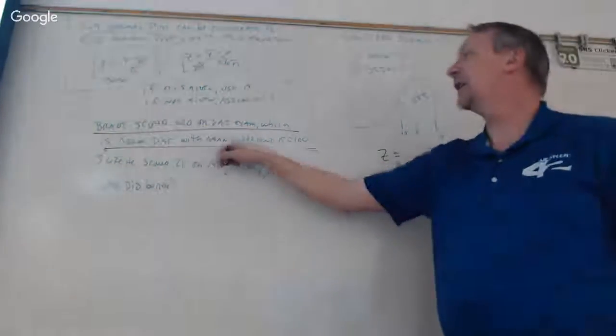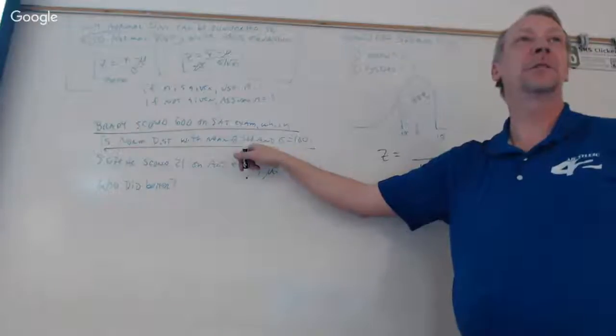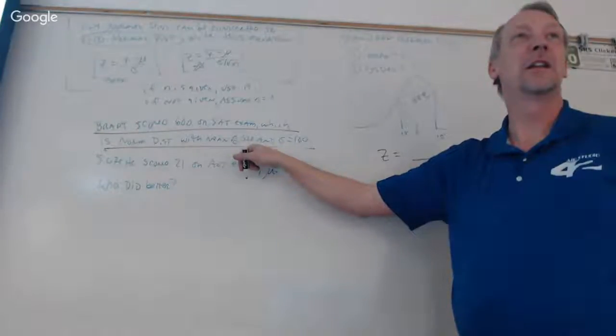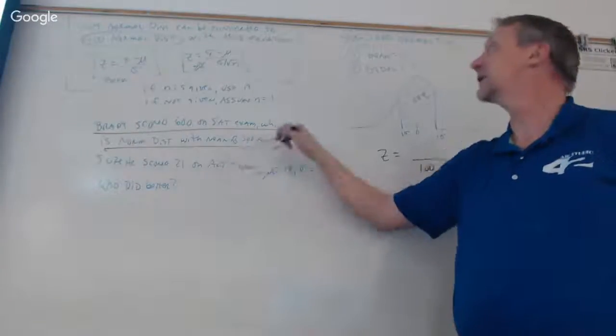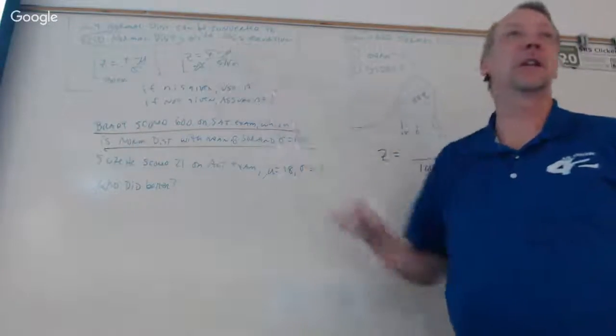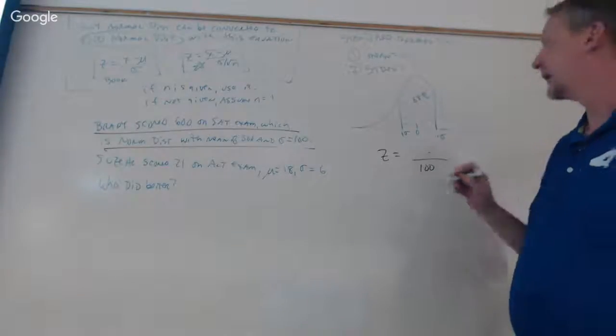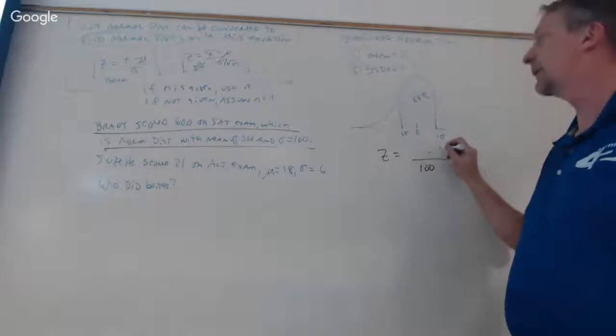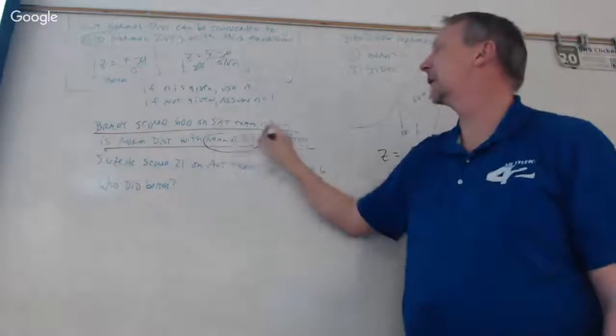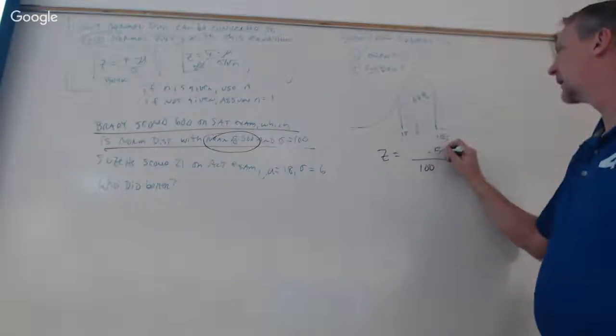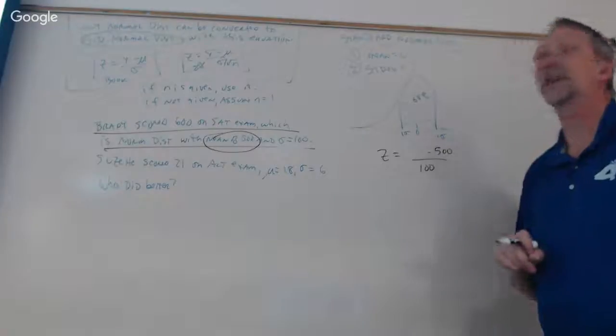And we got a mean of 500. What letter is mean? It's actually a mu. It looks more like a U with a tail. So we're going to subtract off the mean, 500. And what do you think the X is?